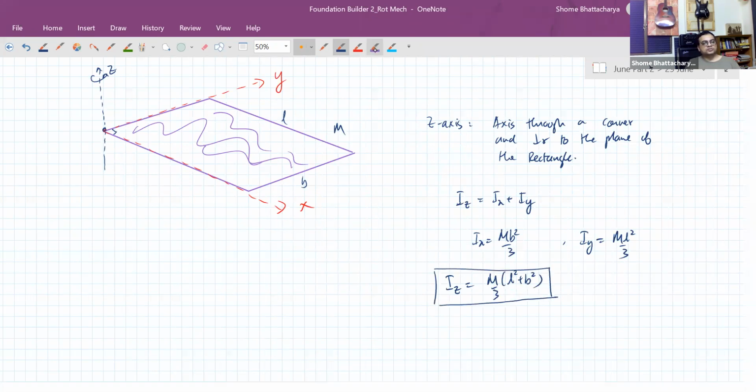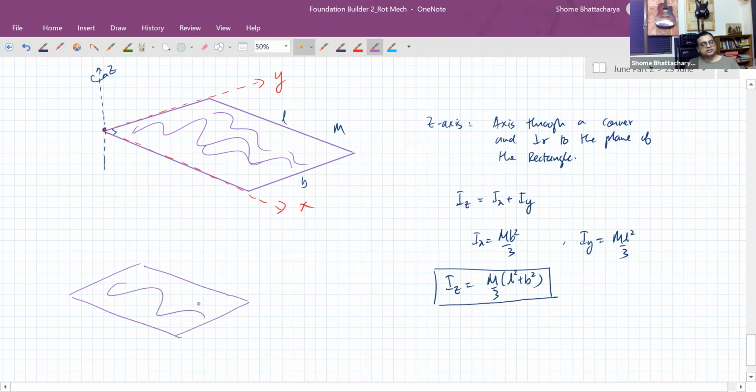Or we can also show this by another method. Earlier we had seen the moment of inertia about an axis passing through the center and perpendicular to the plane. It was M by 12 into L square plus B square.